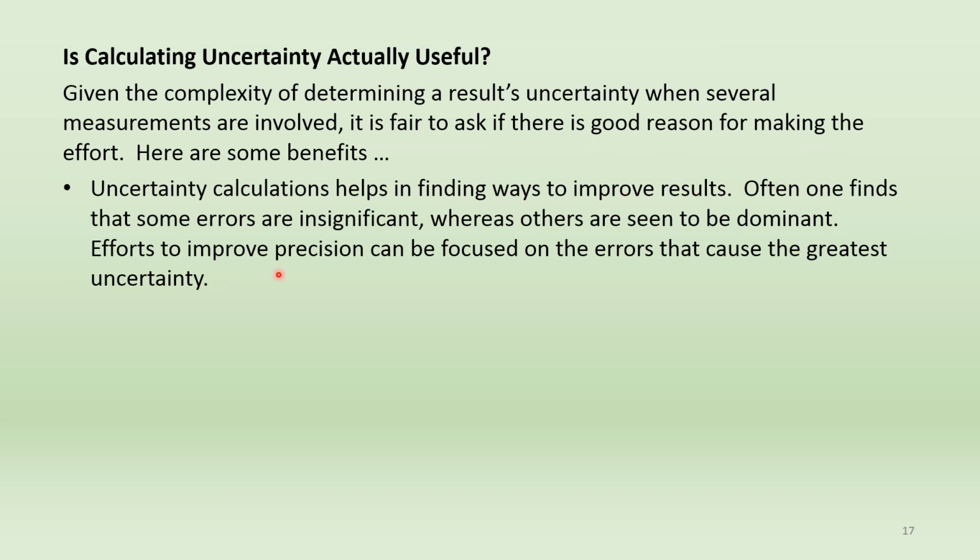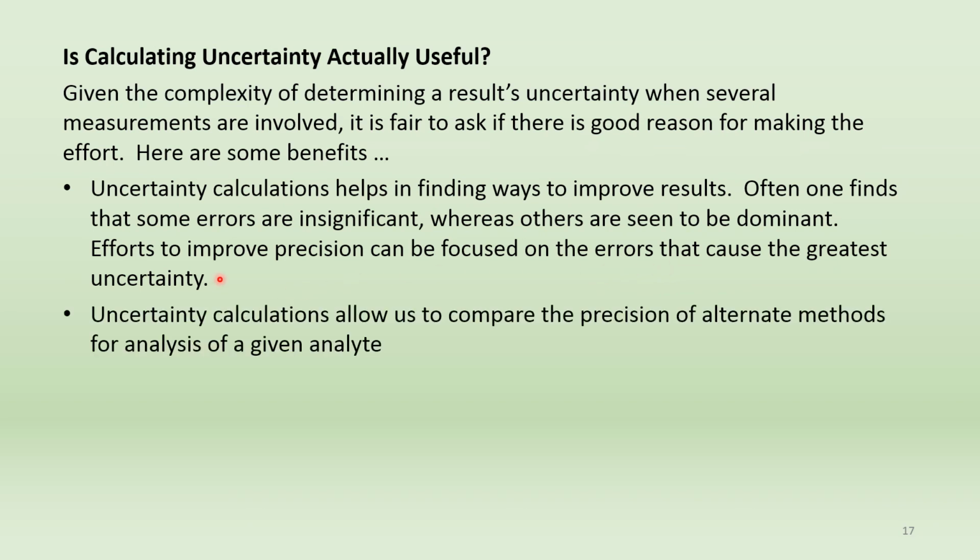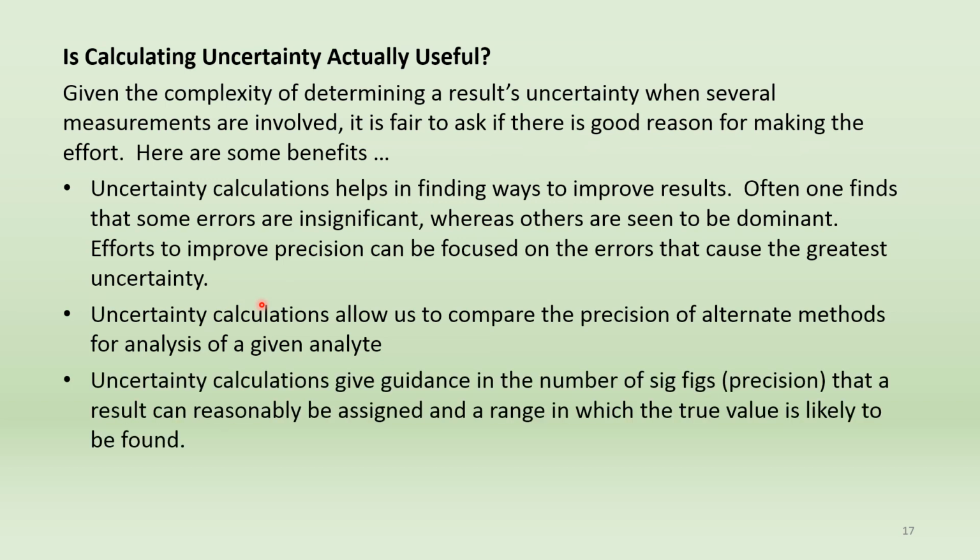So efforts to improve precision can be focused on the errors that cause the greatest uncertainty. Uncertainty calculations allow us to compare the precision of alternate methods for analysis of a given analyte. And uncertainty calculations give guidance in the number of sig figs, or the precision that a result can reasonably be assigned, and a range in which the true value is likely to be found.